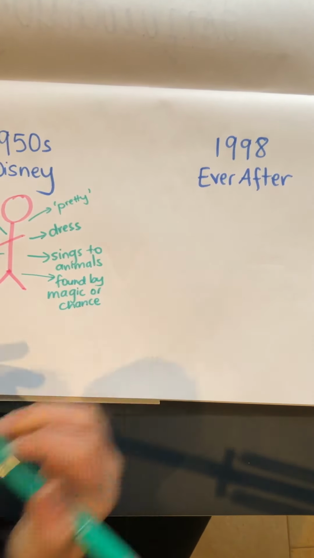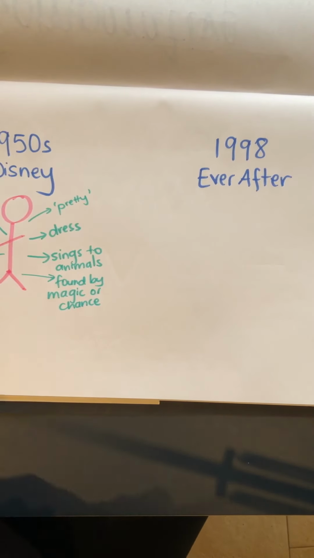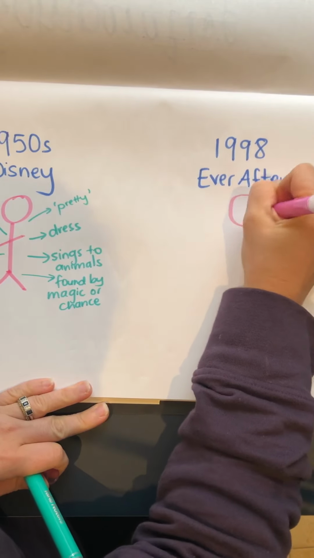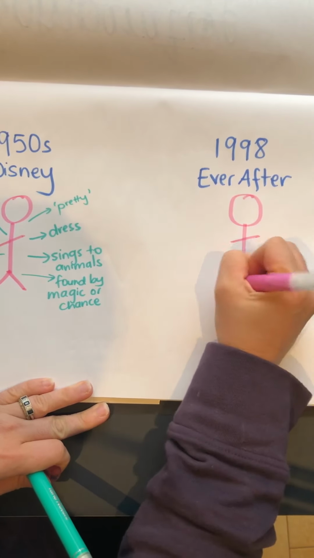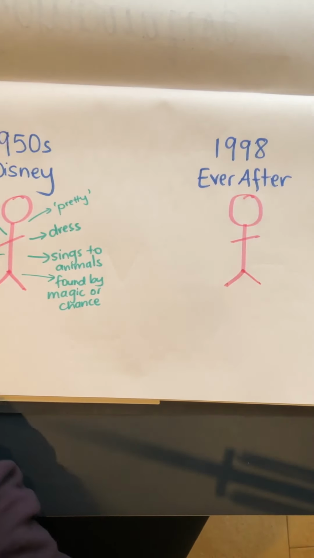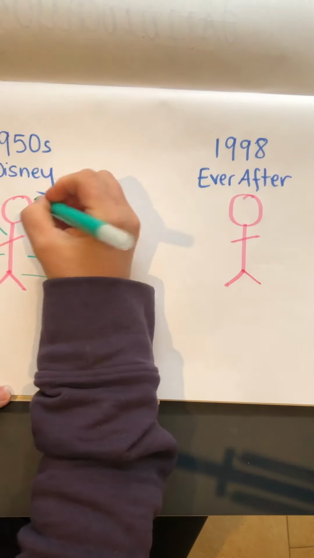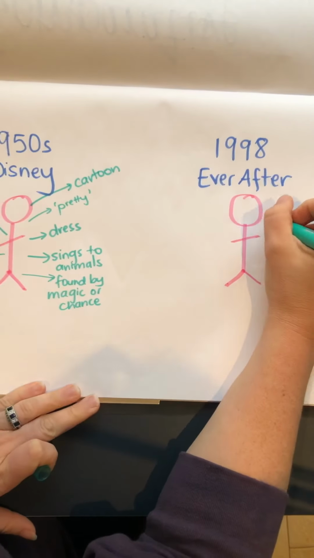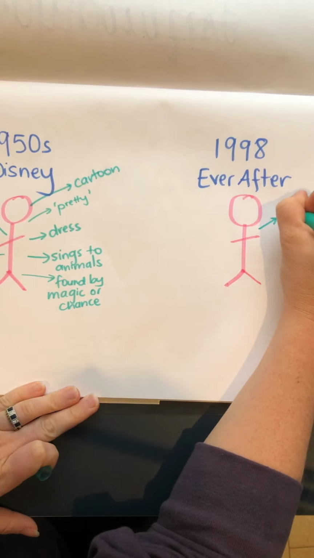Okay, now I move on over to my 1998 Cinderella. Oh, hang on, and this one is a cartoon, sorry. Very important. I move over here. Now I have a Cinderella who seems far more real.